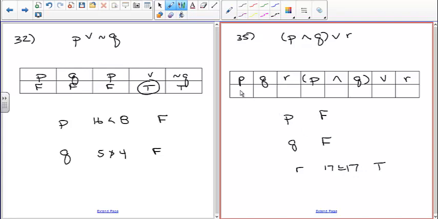So you populate these columns with what we have in the problem statement. Then you just copy them over if there's just a plain letter. If there was a not, then we change false to true and true to false. So P is false, Q is false from here, R is true.